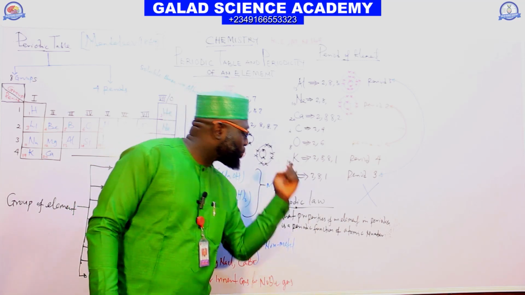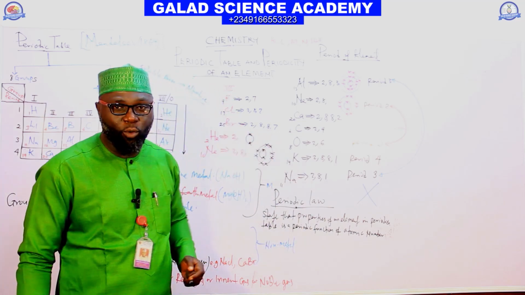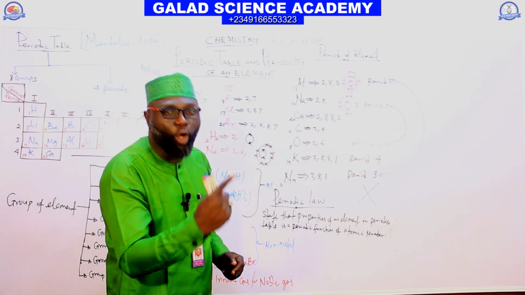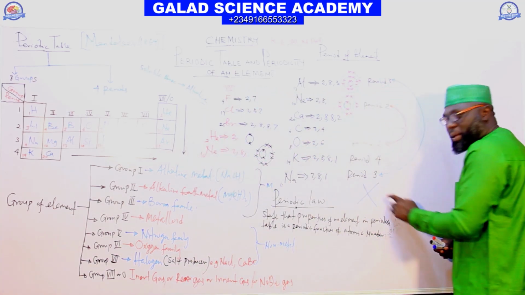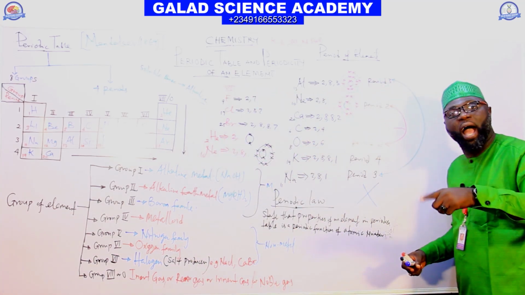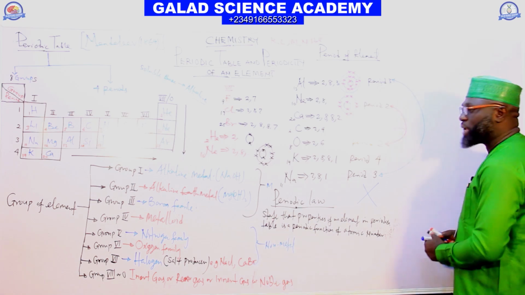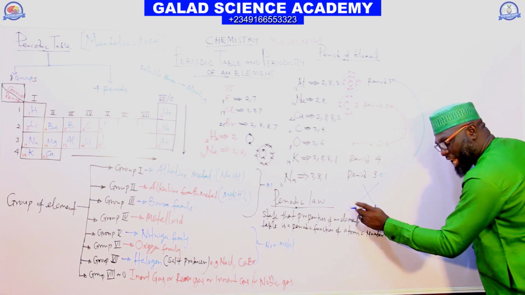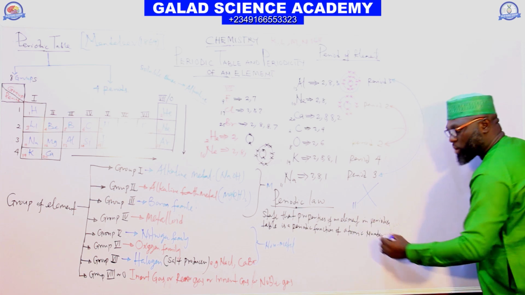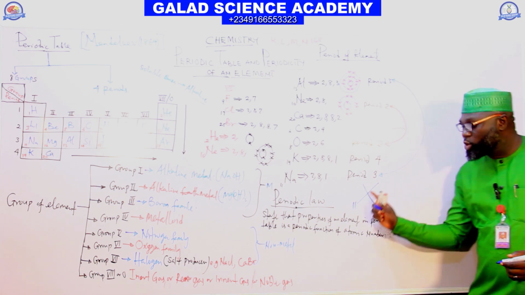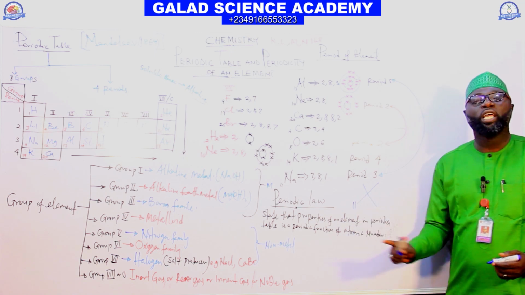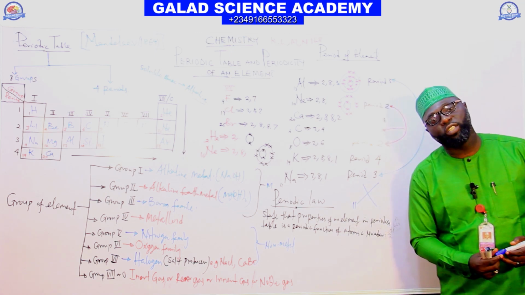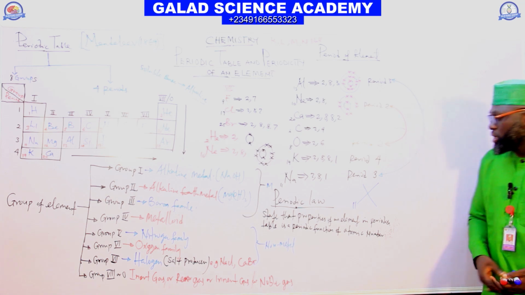The properties of any element in the periodic table is a periodic function of atomic number. That is, once you know the atomic number of this element, you know its properties. Let us assume they say an unknown element X has atomic number 11; give three properties of the element.